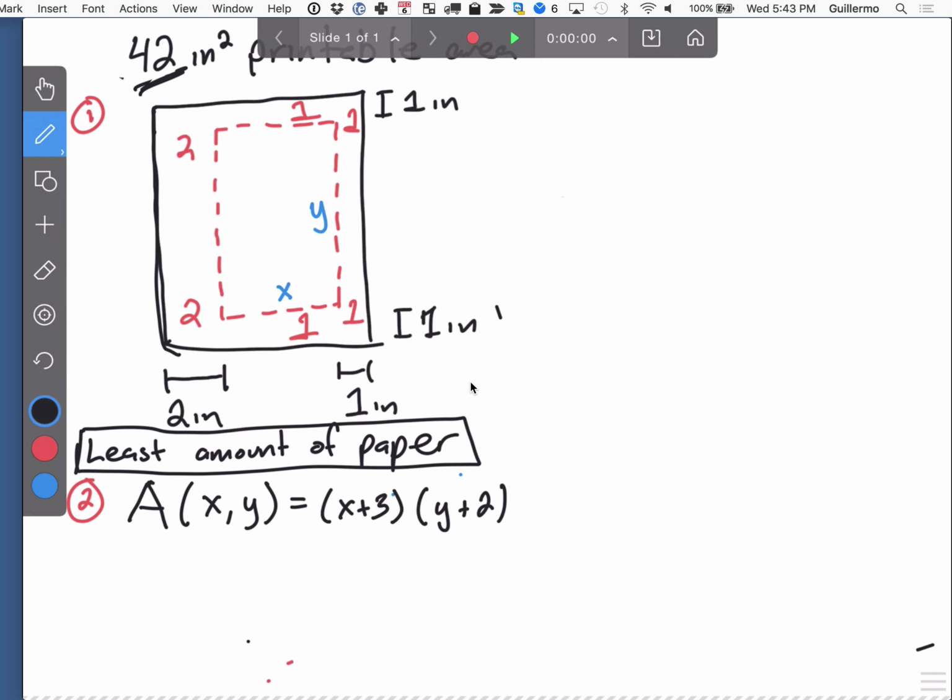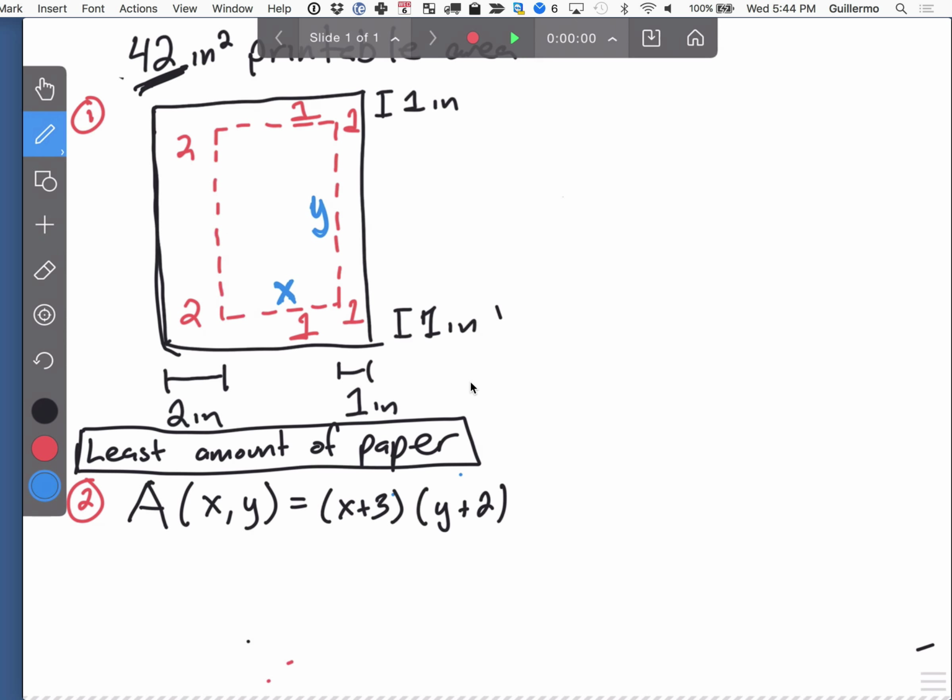We know that it has to be 42 square inches. So can you optimize the printable area? Well, no, because you need 42 square inches of printable area. It's not going to change. Now, because we labeled x as the width of the printable area, the red, and y as the length of the printable area, the red, you have to add the margins, basically, right? Does that make sense?